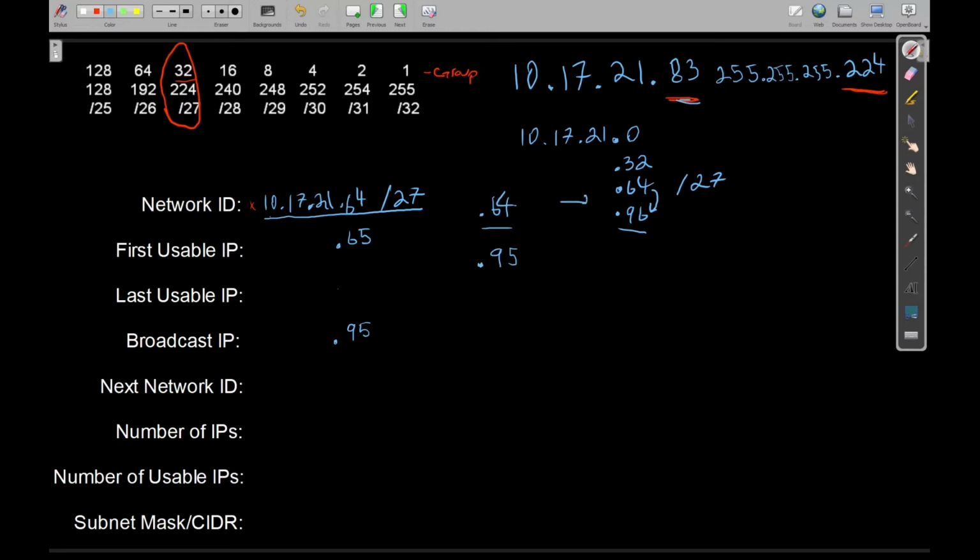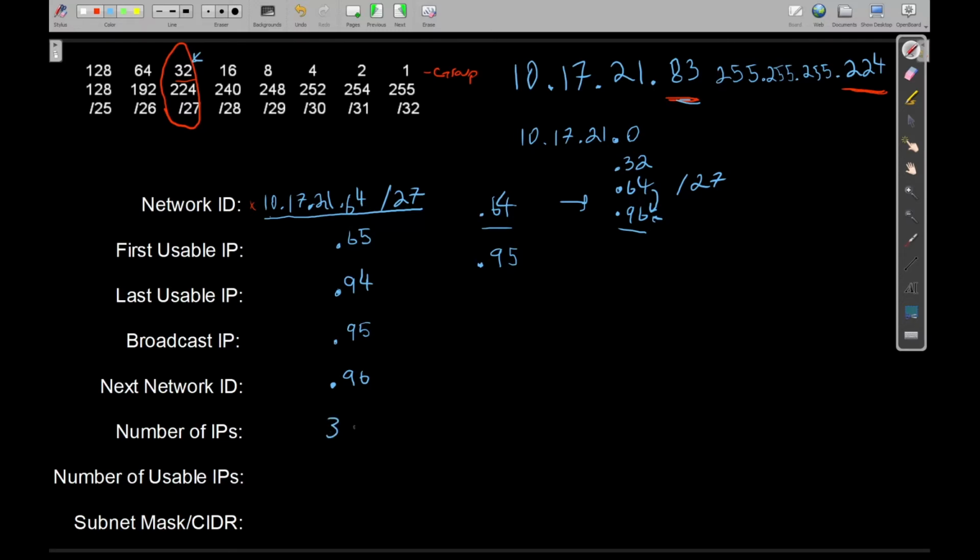Over here, whenever we're adding 32 to each of these, that gives us the next network address. So .96 is the address of the next network. So we can put that here, .96. Since we can't use the last address because it's a broadcast address, then the last usable address is going to be 94. Now the number of IP addresses in the network is what we figured out up here.